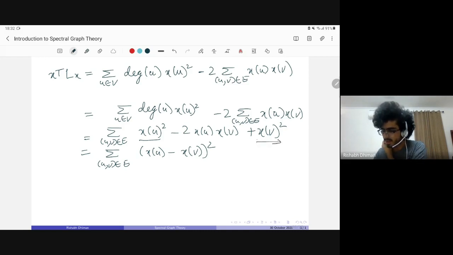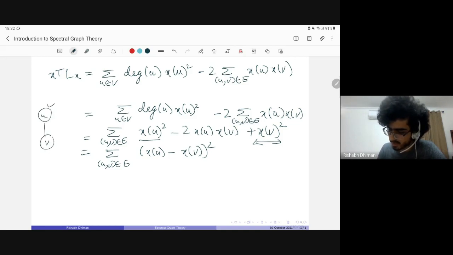And I'm not adding a 2 for xv square because of the handshake lemma, if you remember the sum of degree lemma, it counts every edge twice. When I sum these degrees, I am counting this edge twice, one from the side of u and one from the side of v. And ultimately you get this.